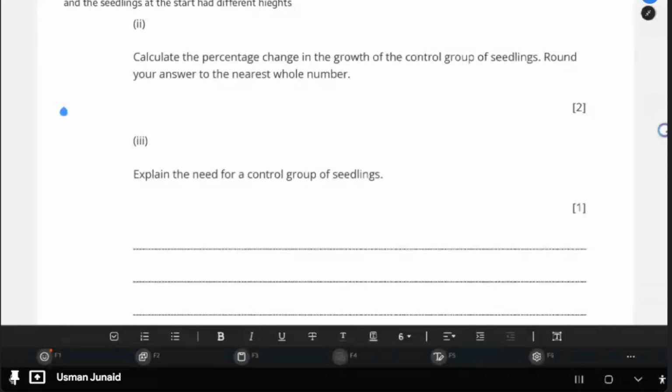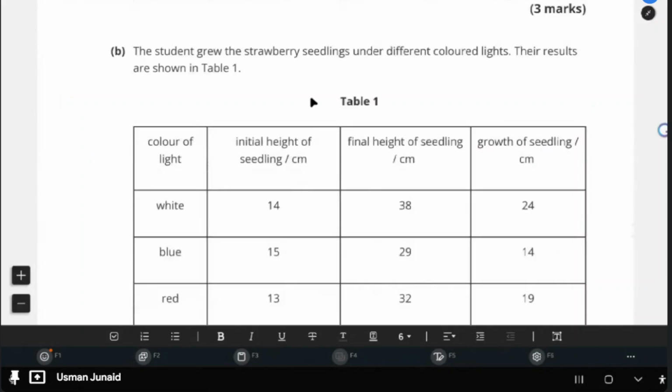Calculate the percentage change in the growth of the control group of the seedlings. So this is your control group, which had no light. The initial height is 14 centimeters.